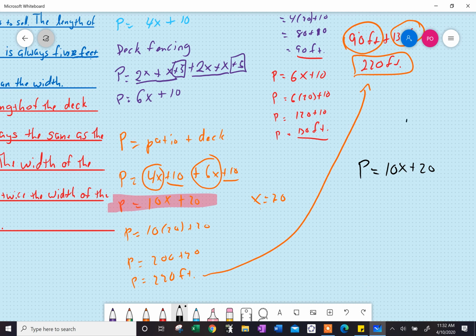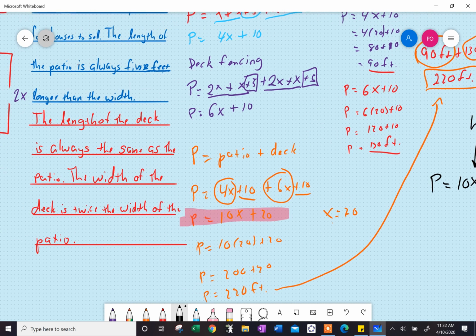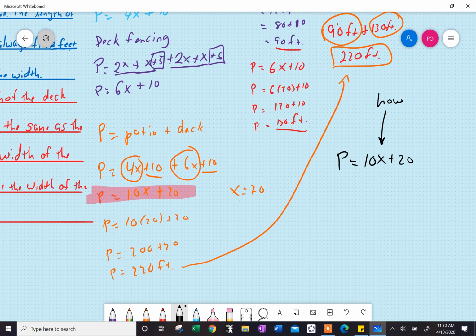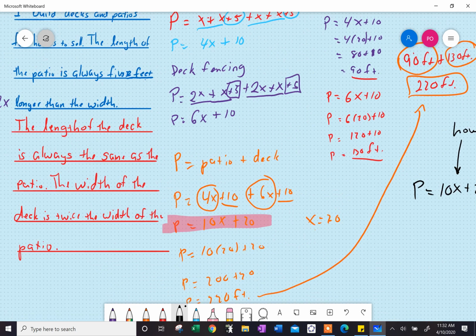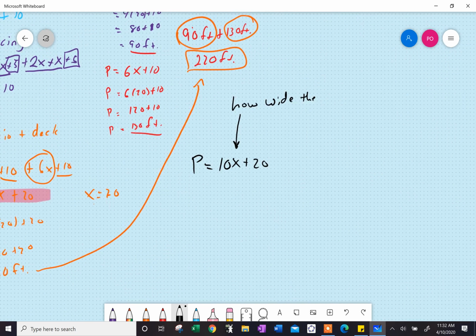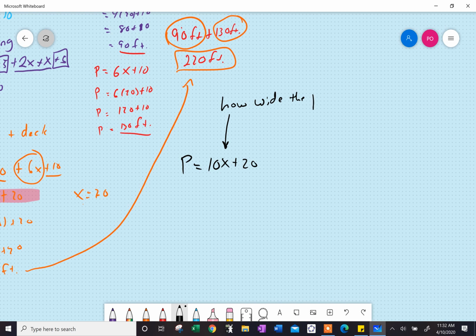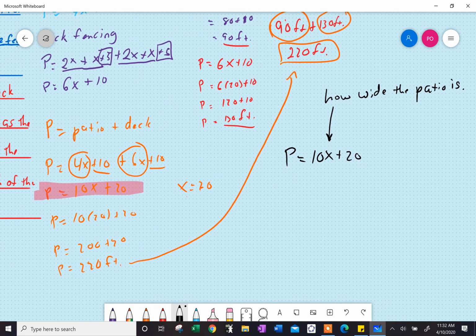And the actual amount depends on how wide the patio is. And that's why combining like terms is super duper useful.